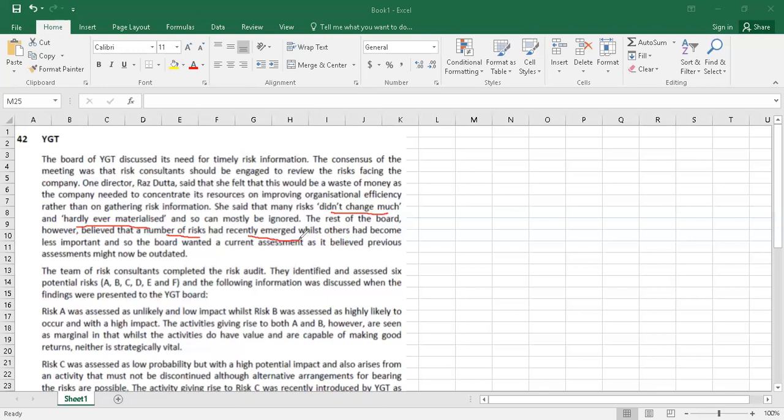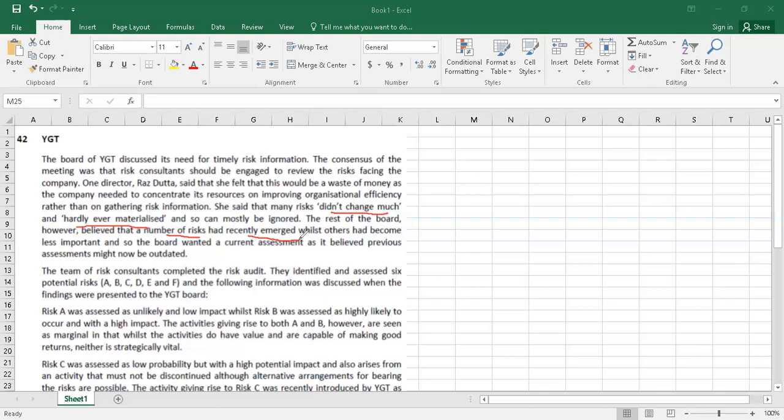So new risks also have emerged. So constantly we see that changes are taking place in the external environment. Therefore, expecting what happened in the past to happen in the future would not be appropriate.